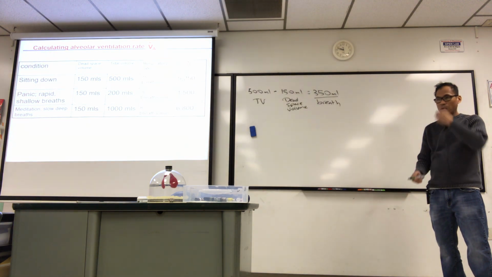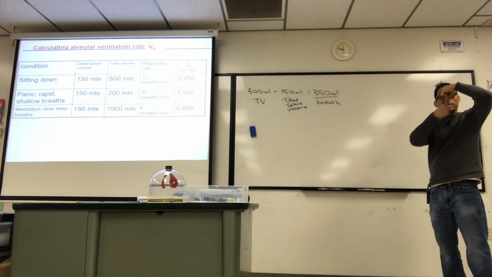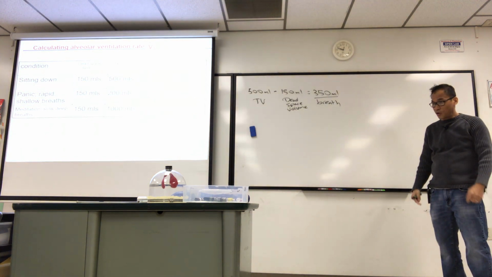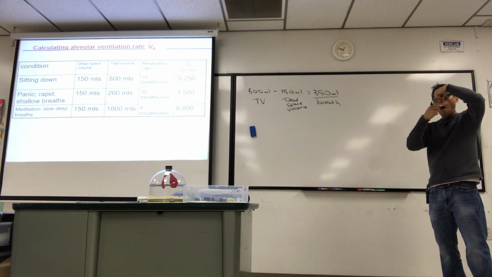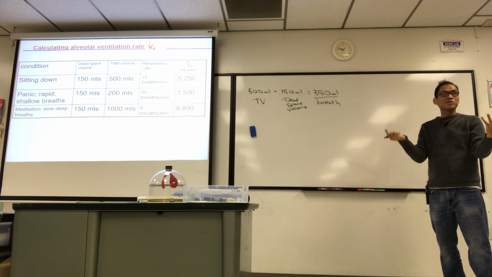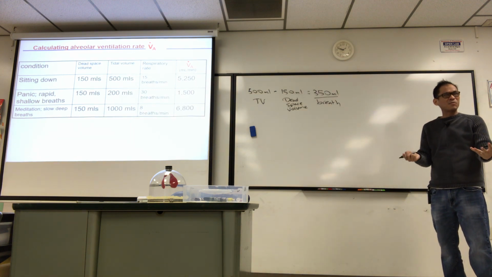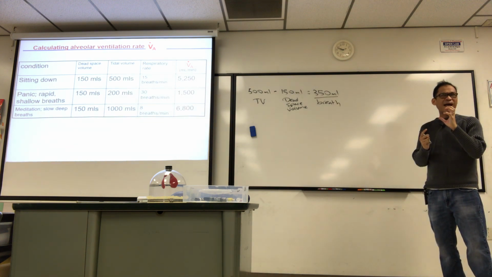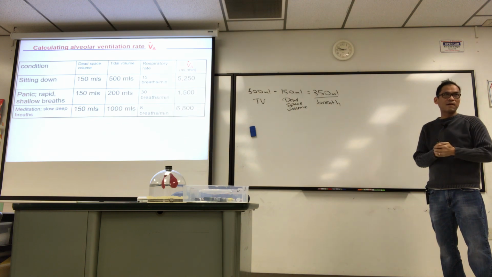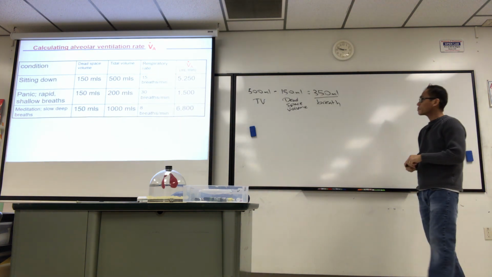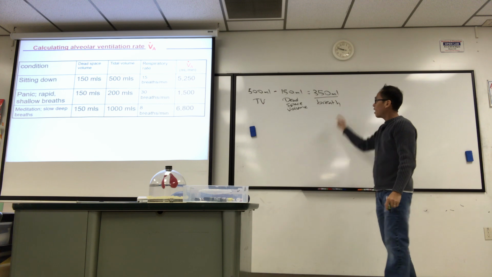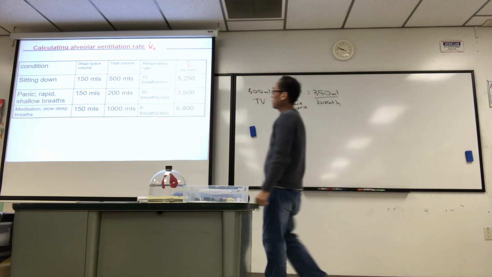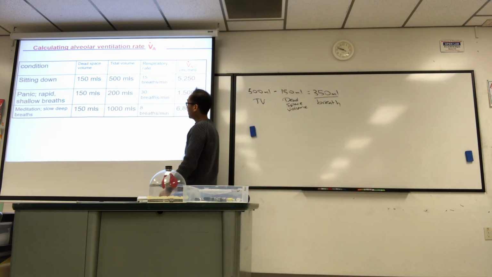We have this setup where you wear a nose clip, and you're breathing through a big mouthpiece, and people are watching you. So you might measure something different, because it's hard to breathe normally with all that equipment hanging off of you. But normally it's about 500 ml. And so we got our 350. That's how much is reaching the alveolar spaces per breath.